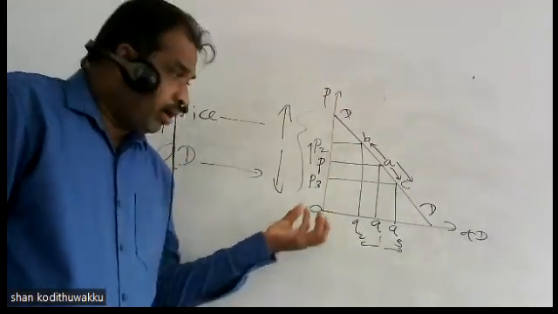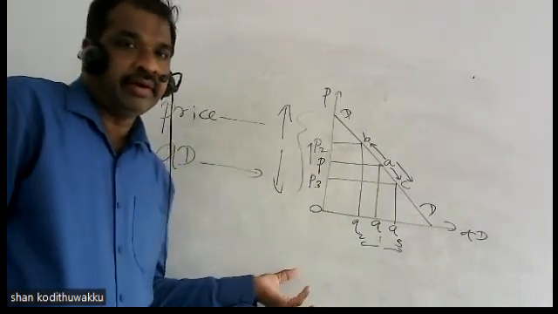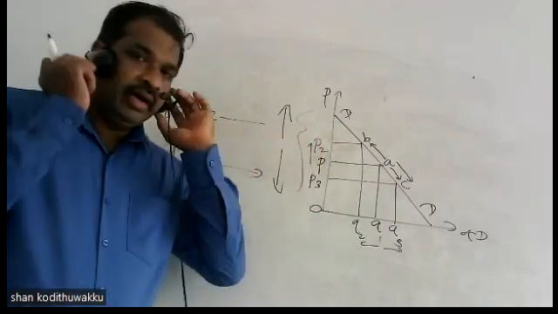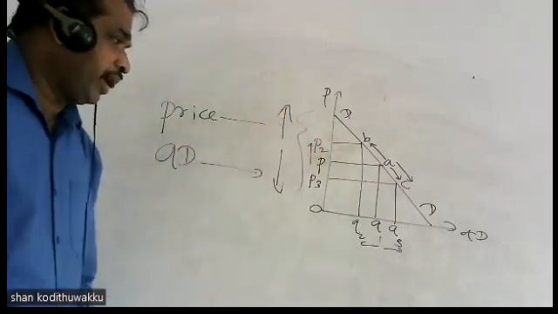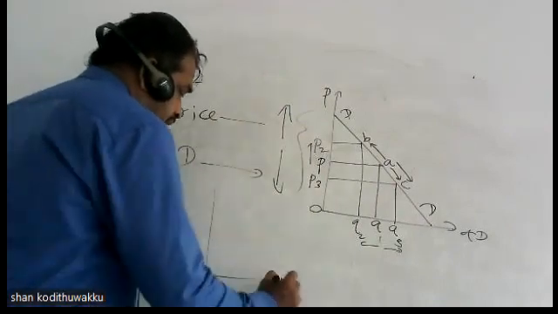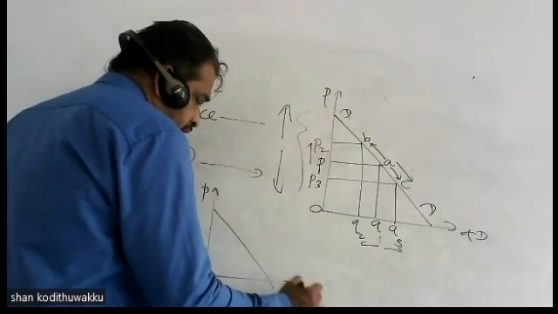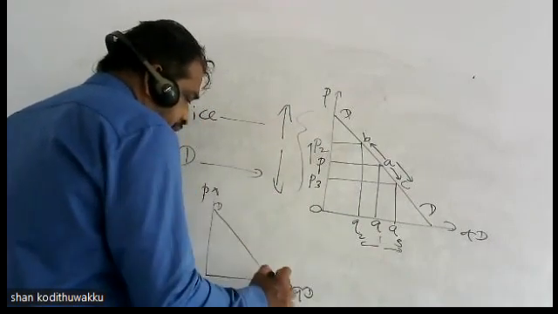But because of other factors affecting demand, except the price of the concerned product, there will be a change in demand. Then we can expect, this is price P, this is QD, this is the original DD.